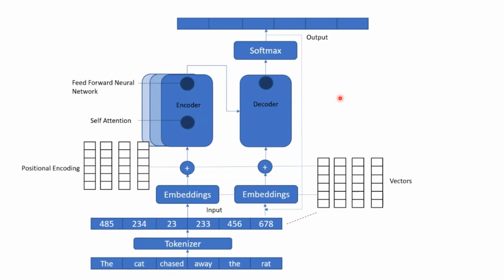Then we have the encoder and decoder architecture you have seen here, and this can be used for text summarization or text translation. And finally, we have a decoder-only transformer, as we have seen in the GPT series, which is used for a lot of things such as text generation, question answering, etc.